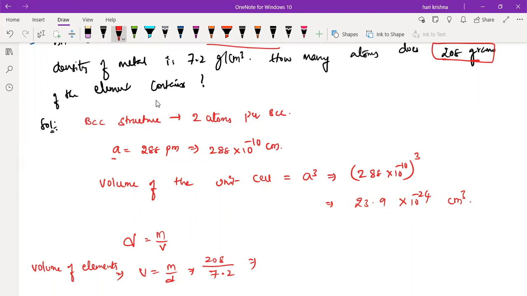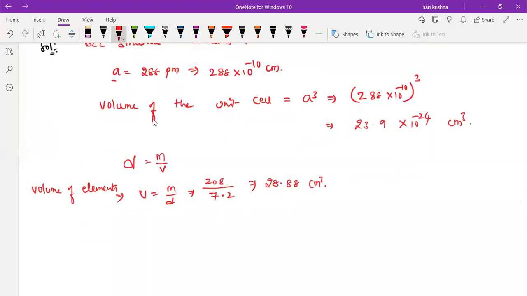What is the answer? 28.88 centimeter cube. This is the answer. So this is the volume of the unit cell, 23.9 into 10 power minus 24, and the volume of the element will be 28.88 centimeter cube.